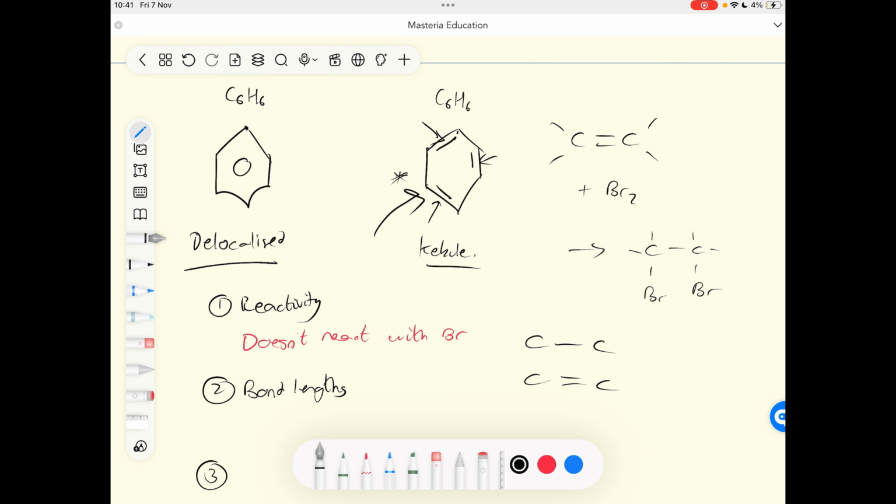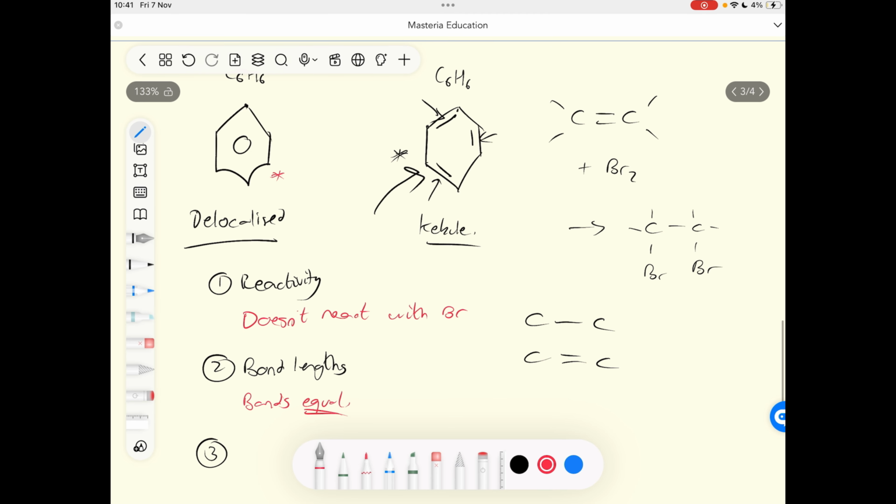So you'd have single bonds and you'd have double bonds with differing lengths. However, what we find is all the bonds are actually of equal length. And this weighs a lot more into this delocalized model where all the bonds are actually the same, rather than Kekulé where you've got some singles and some doubles. So that's the second reason. So first was reactivity, second was bond lengths.